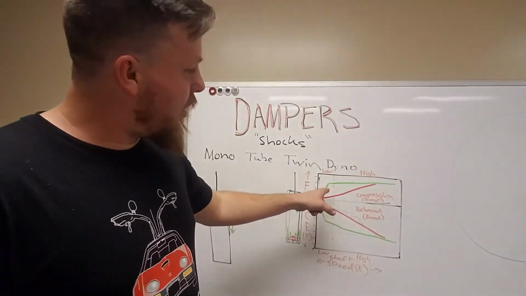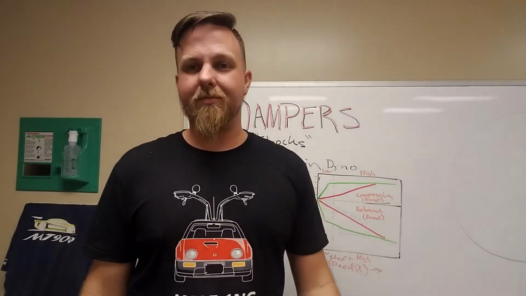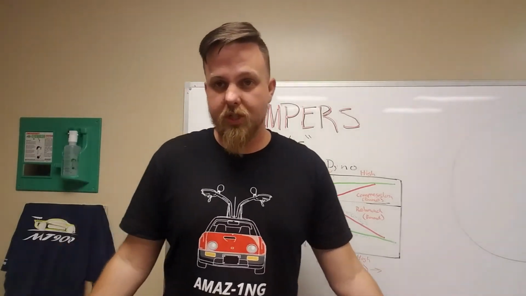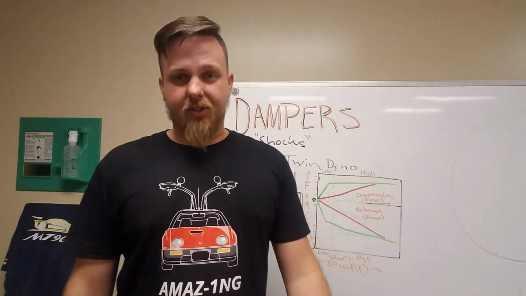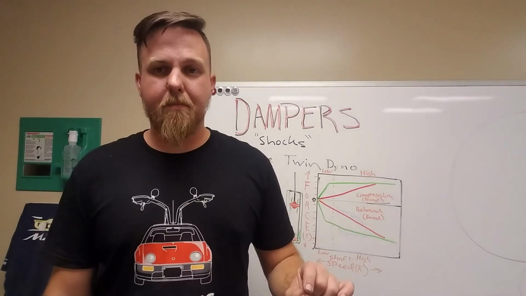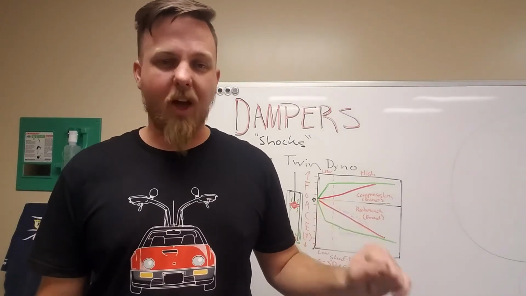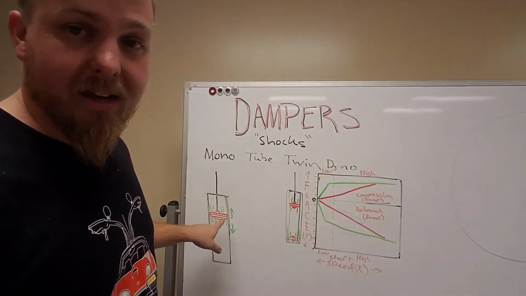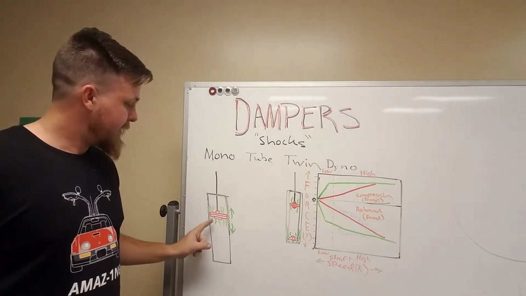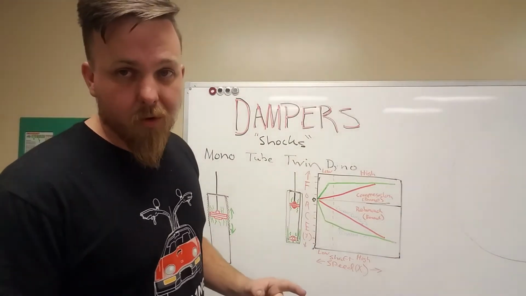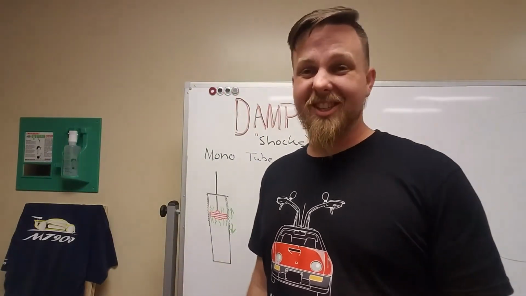Now, why aren't all coilovers digressive rate? What's the reasoning? Cost. Because the piston and valving design and stack inside the damper is much more difficult to machine. It's much more time intensive, and also just the design.